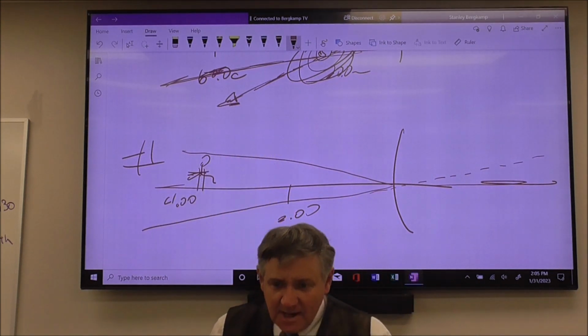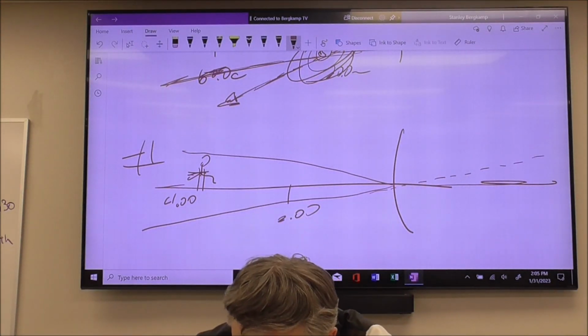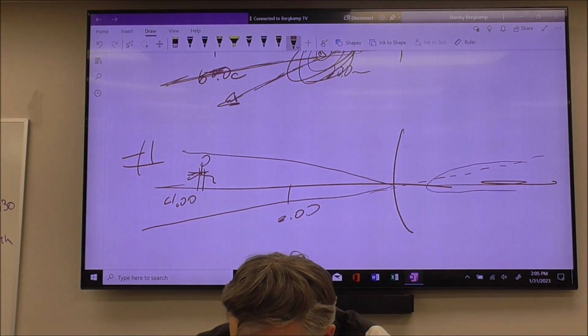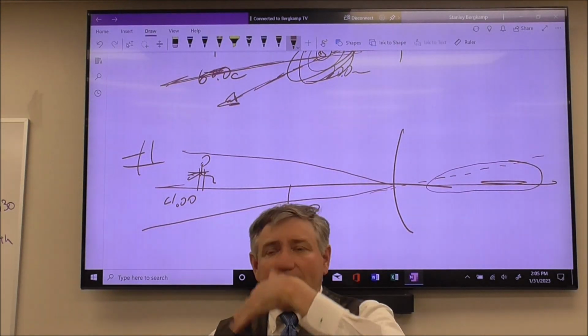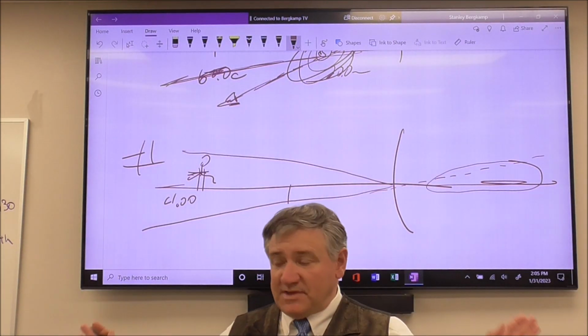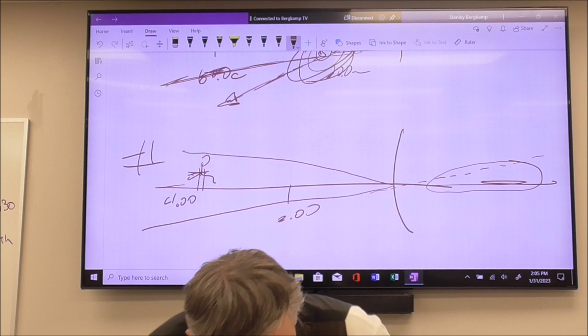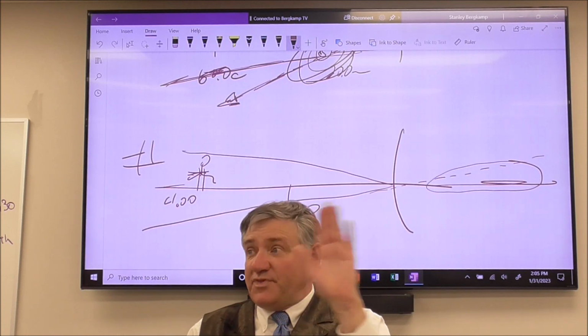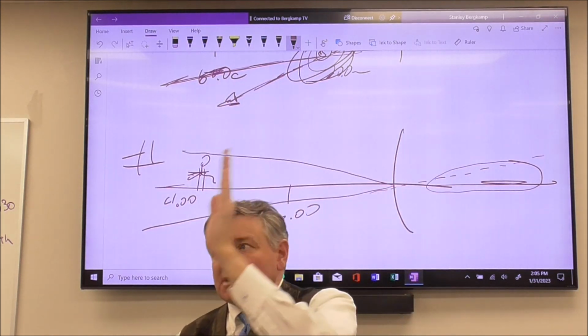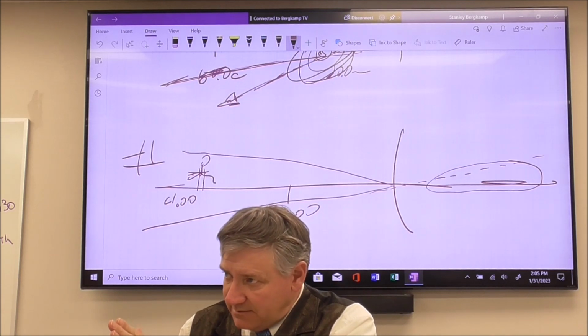So right away, I know that that image has to be somewhere on that back side, okay? I know that's where it has to be. Anytime you have a convex mirror, there's no thinking, oh, the image is always going to appear on the back side of that. That's it.